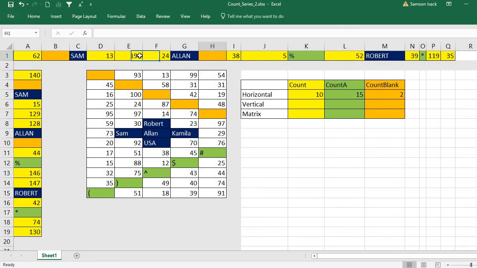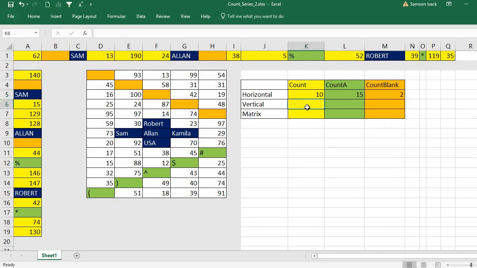Now we got only 2 blank cells. So Count gives the number of numerical cells, CountA gives the number of non-blank cells, and CountBlank counts only the blank cells.